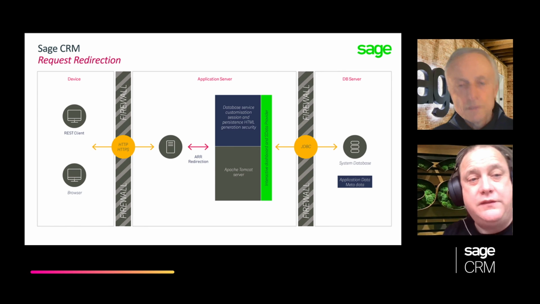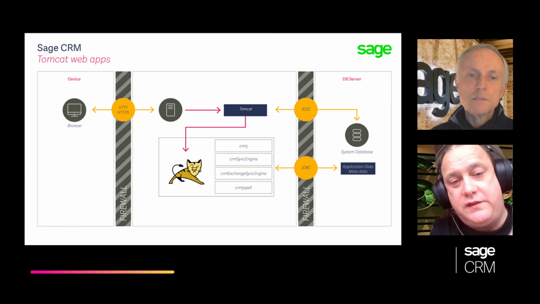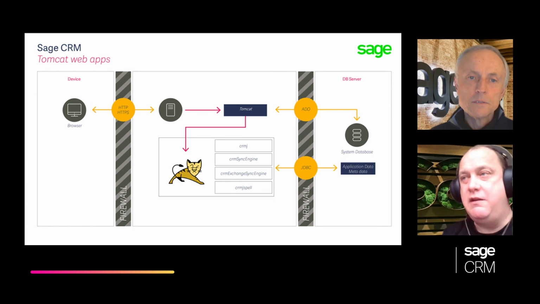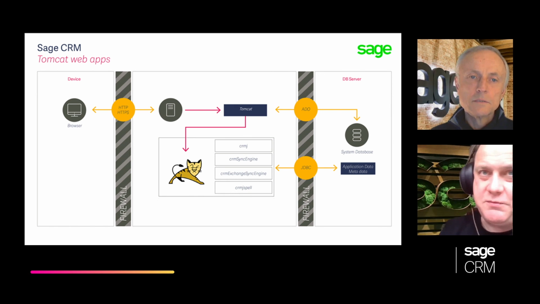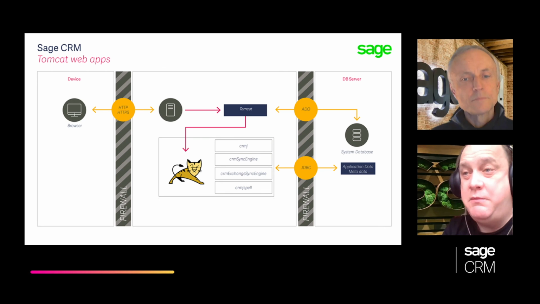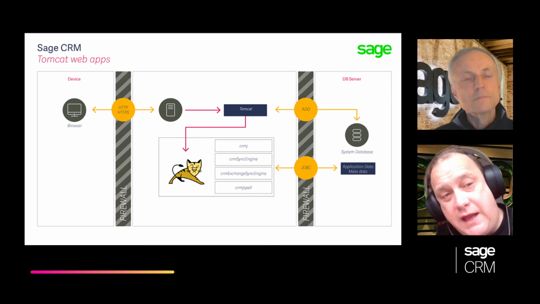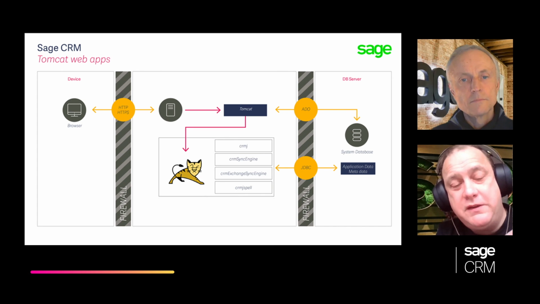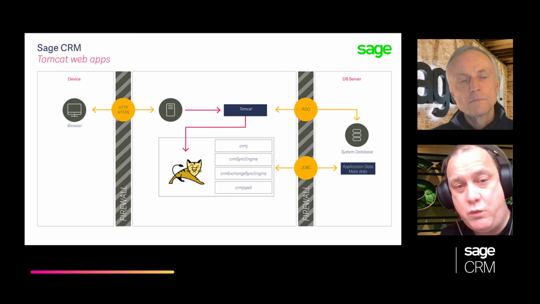That's all done through the Tomcat environment. So if you imagine a request is coming in and saying, I want to use a dashboard gadget, or I want to carry out a database import, or I want to be able to carry out a task using the REST API, then that gets hit onto the web server and redirected from IIS through to the Tomcat web server.